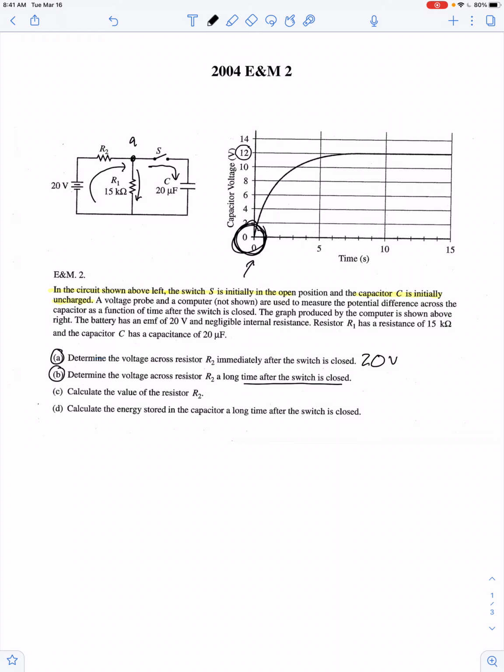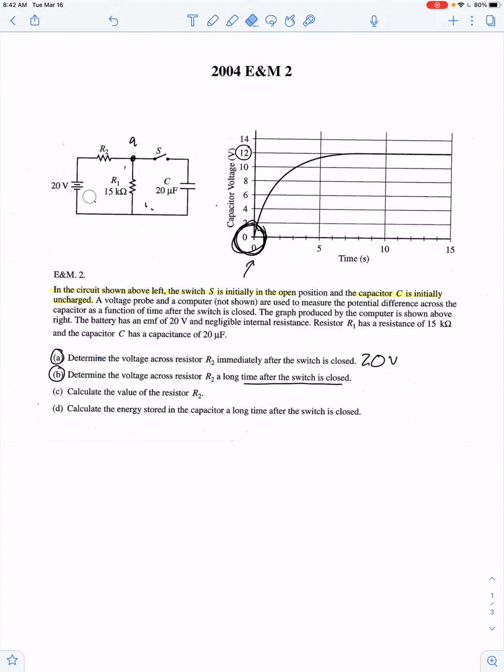Okay, so in what ratio do these currents that I might label as I1 and I2 split up? Well, now in the steady state, how does the capacitor behave? As if it has an infinite number of ohms of resistance. And so in fact, I2 would be equal to 0.